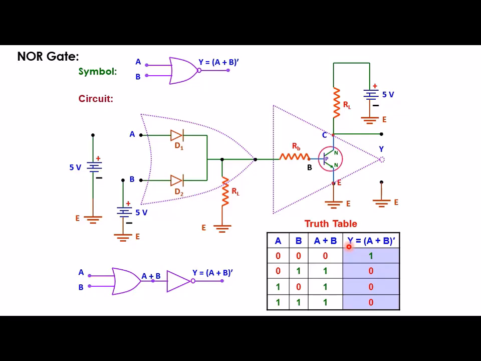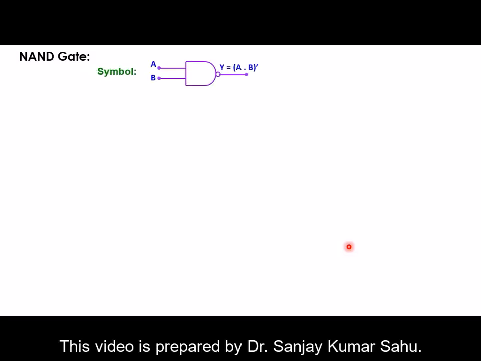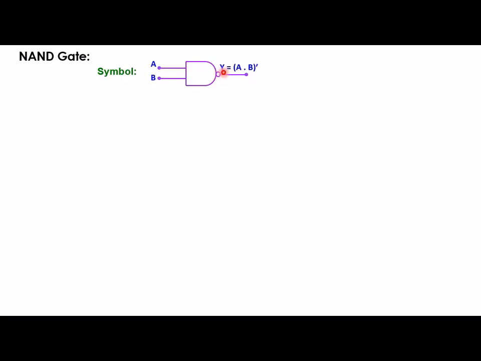Similar to this, another gate is called a NAND gate. A NAND gate is nothing but a NOT gate followed by an AND gate, and this is the symbol for the NAND gate, where the symbol for the NOT gate is a small bubble or small circle, followed by an AND gate.